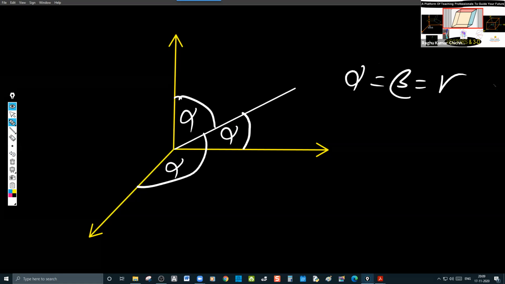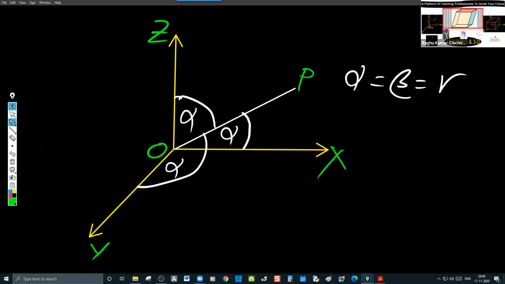The point to remember is how many such lines will be present. Do you answer me, please? How many such lines will be present is the question. I repeat the concept here. Let us suppose there is a line OP which is making equal angles with the coordinate axes.